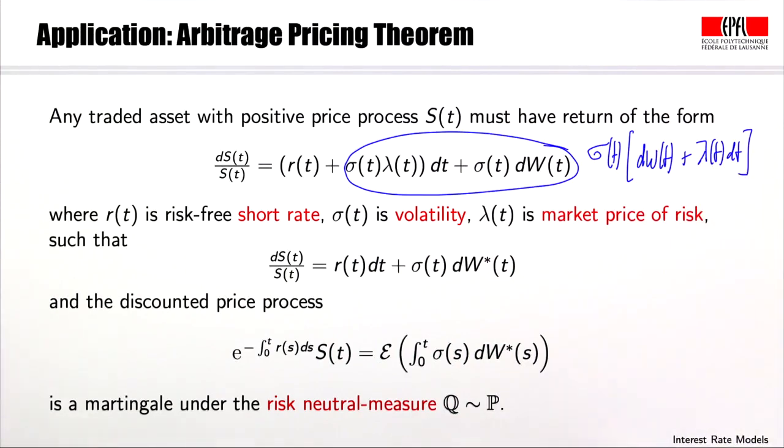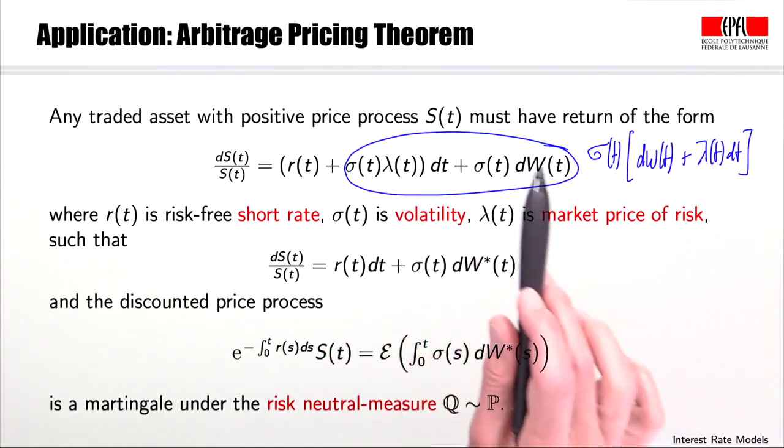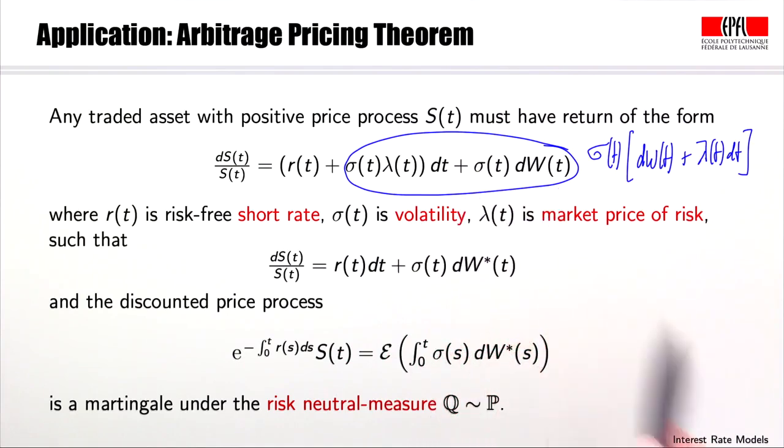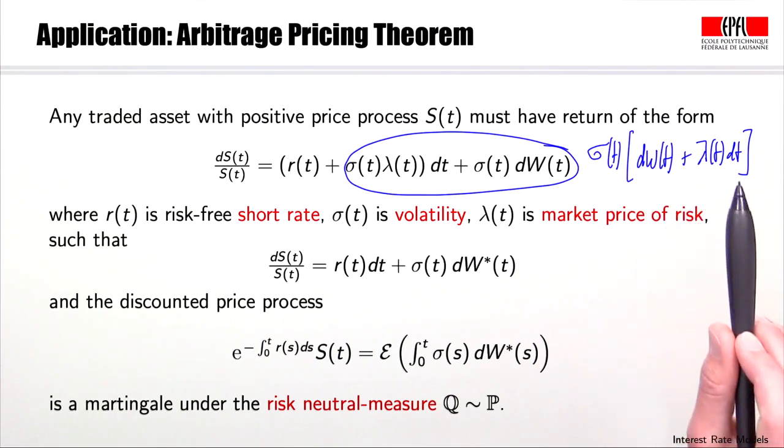We now see how the Girsanov theorem comes into play. We can rearrange the terms, the excess expected rate of return and the noise part, as shown here. What we see here is the Brownian motion plus a drift.